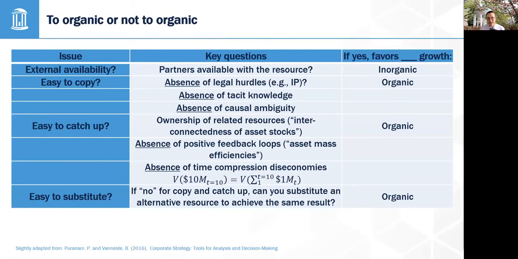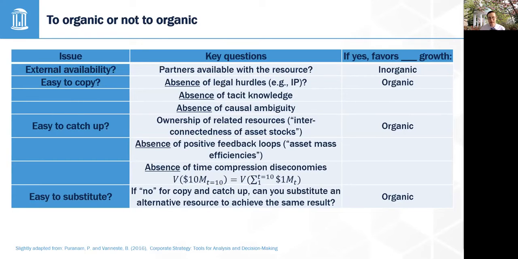If it is easy to copy, you also need to ask whether or not you're capable of catching up to the level you need. There are things that can act as barriers to catching up. You may not have the necessary resources needed to develop some new resource. Also, there might be positive feedback loops.